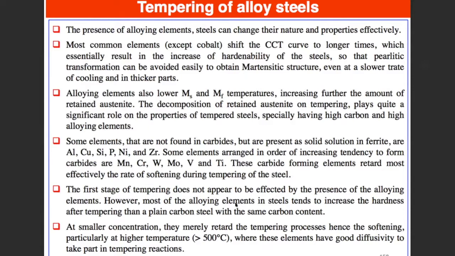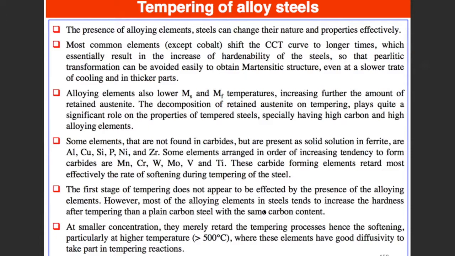So the first stage of tempering isn't really going to be affected too much by the presence of the alloying elements, right? As a whole, though, the alloy steels are going to have a slightly higher hardness than steels with just equivalent carbon content, right?